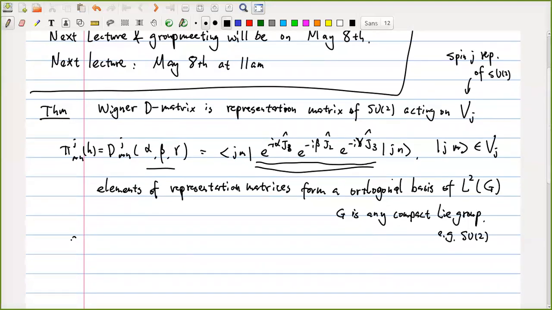Well, I write the formula again. So integral h pi j. They are not orthonormal but orthogonal. There is a factor of 1 over 2j plus 1.